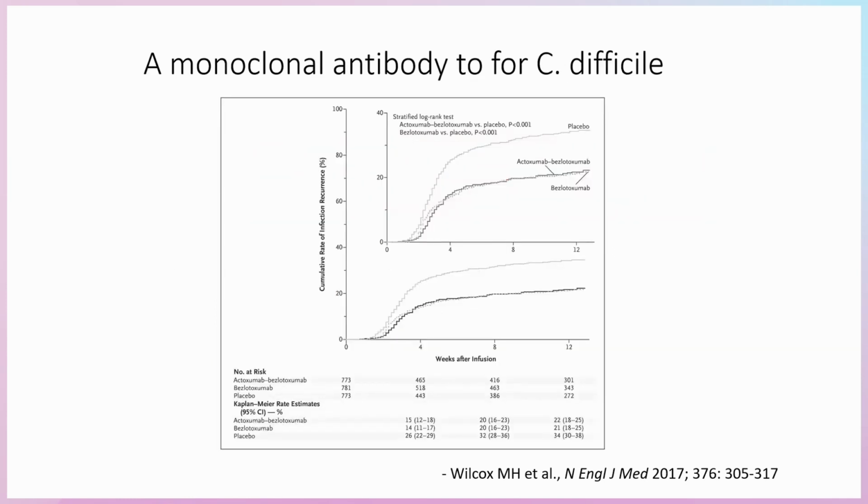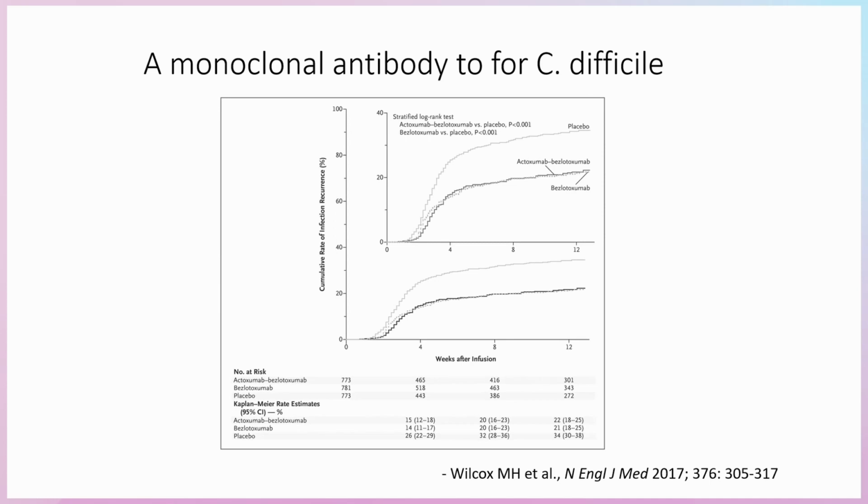In this study, several thousand individuals were given standard conventional antibiotic treatment for their Clostridium difficile, but at the same time were given a single infusion of placebo or the monoclonal antibody acotoxumab or this monoclonal antibody bezlotoxumab or a combination of the 2 antibodies.